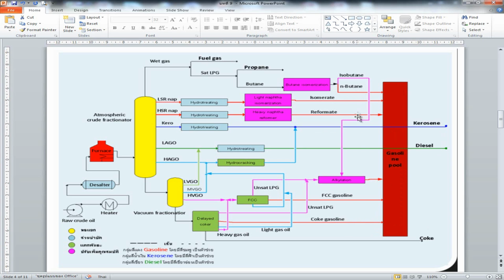A portion of each product will be calculated to make sure that the final products meet the quality standards. What I mean is, of course, octane number, flash point, RVP, and so on, and viscosity.